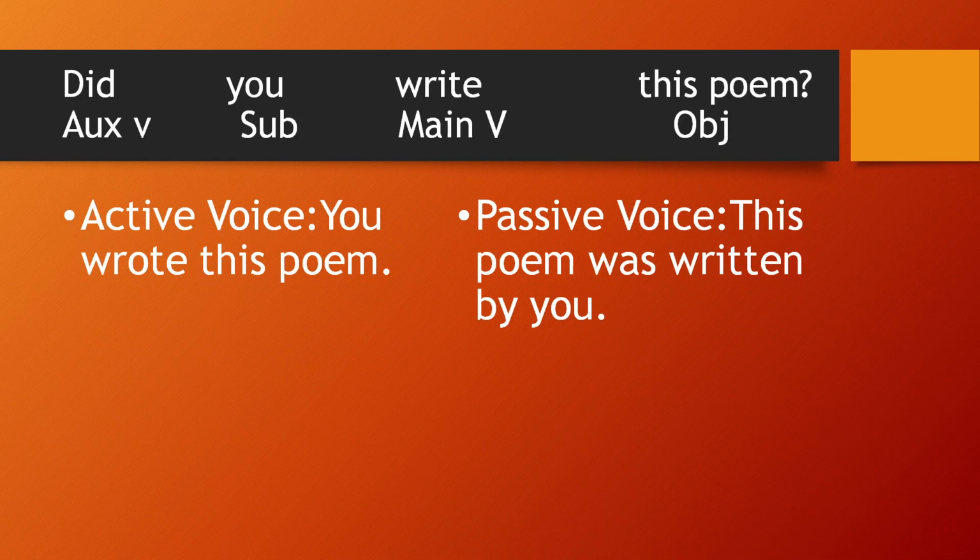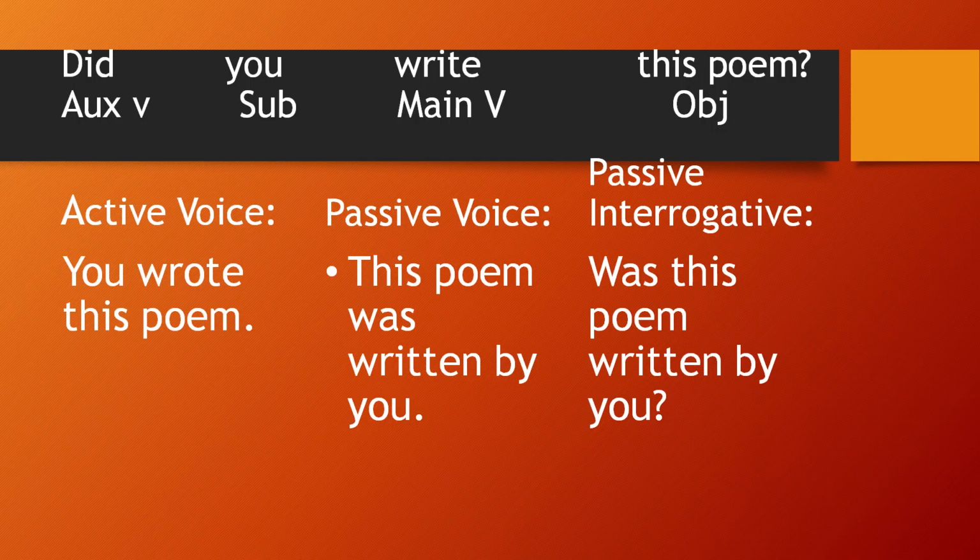Now change this declarative sentence in active voice to passive voice. This poem, this is in past tense, simple past, active voice, so was written by you. So we got the passive voice of this declarative sentence. Now make the passive voice sentence interrogative.